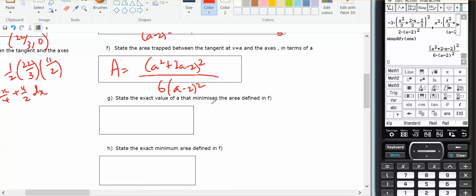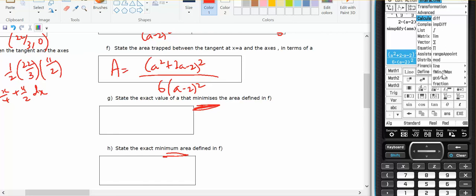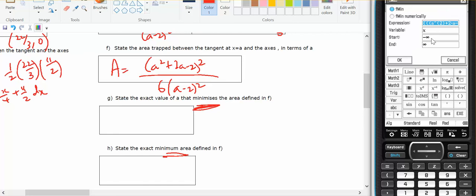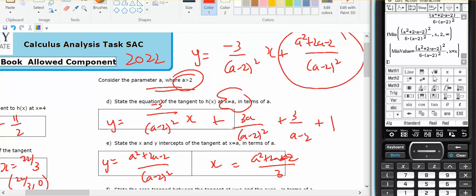And the exact value of a that minimises the area, and what is the minimum area. Okay, so that is an expression for my area. For interactive calculation, fMin, I'm going to go from 2 because I'm told that a goes from 2 and above. So I might go from 2 to infinity, and I got nothing. So maybe if I go from 2 to 20, and it's about a.